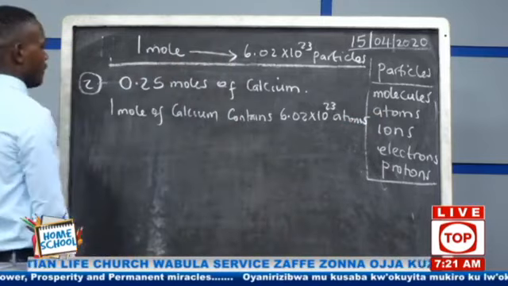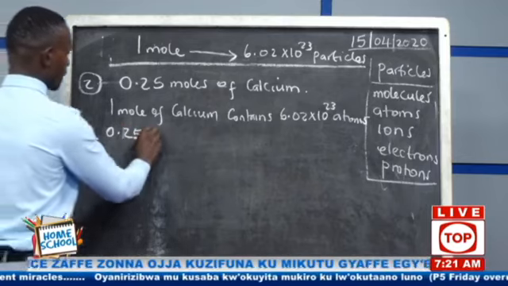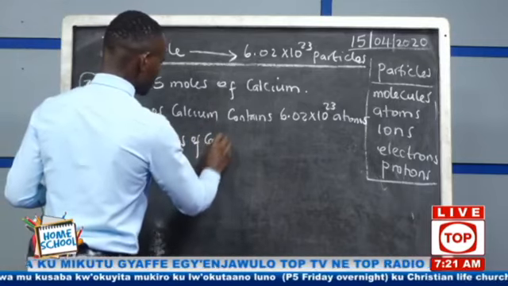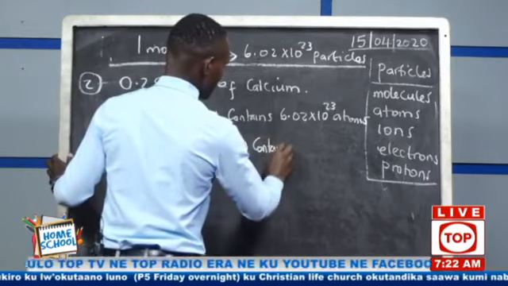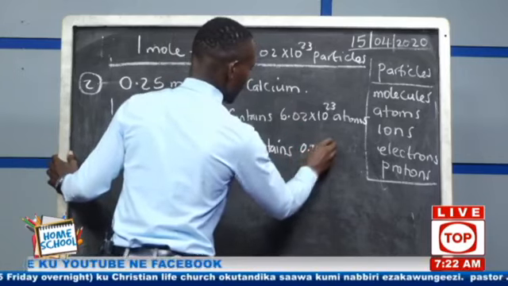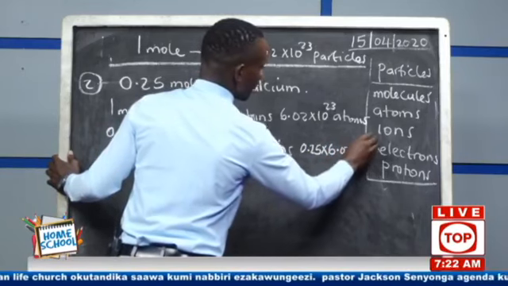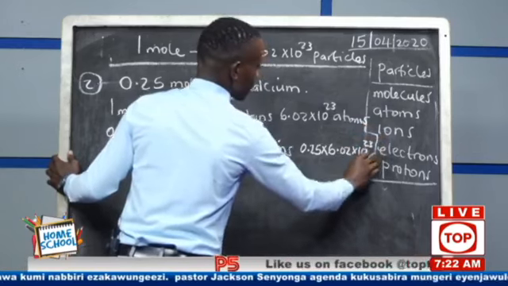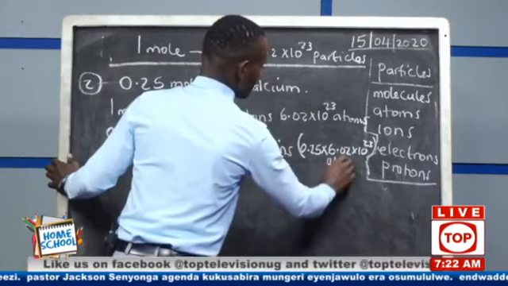That means 0.25 moles of calcium will contain 0.25 times 6.02 times 10 power 23. And these ones are going to be atoms.